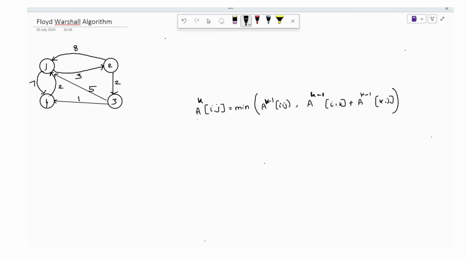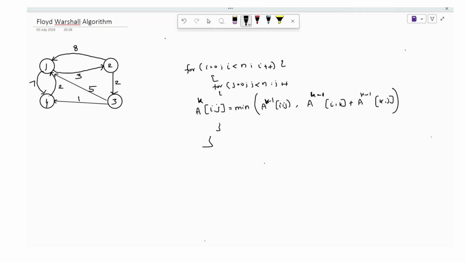So i to j has to loop through from 1 to n. So this statement I have to write from i equal to 0, i less than n, i plus plus, for j equal to 0, j less than n, j plus plus. For all the vertices we have to do, right?